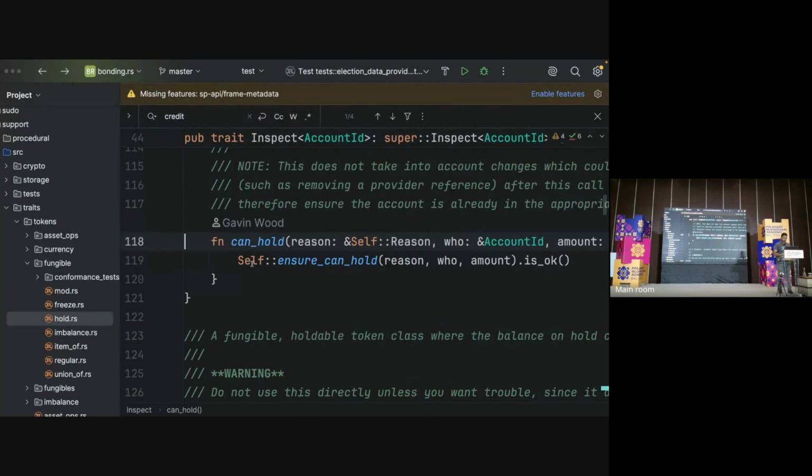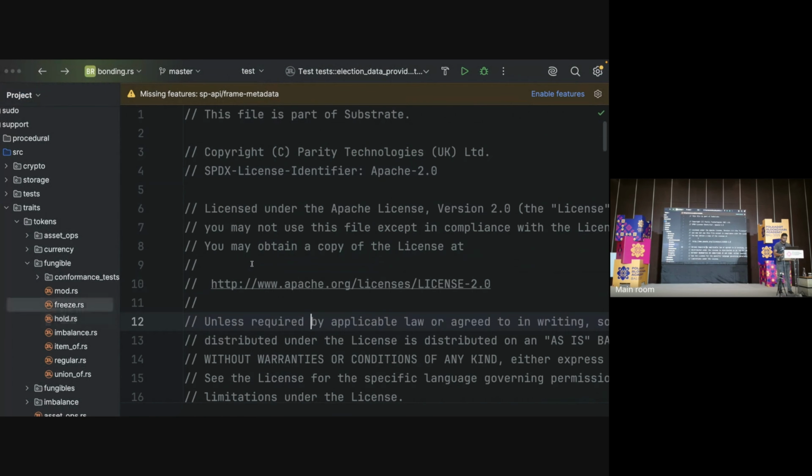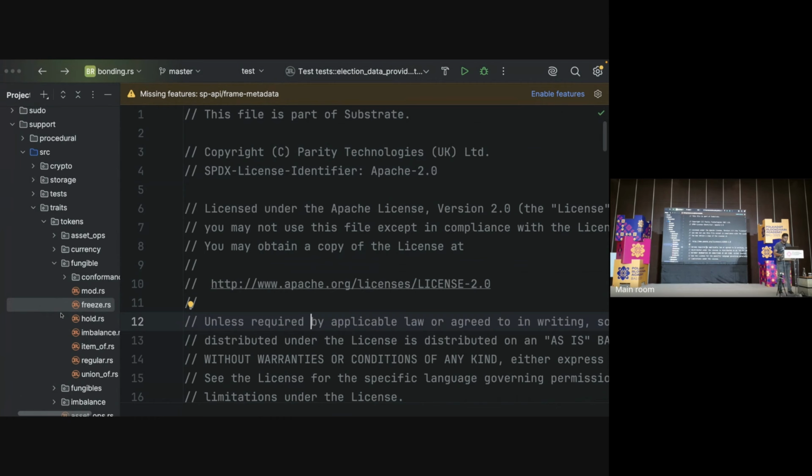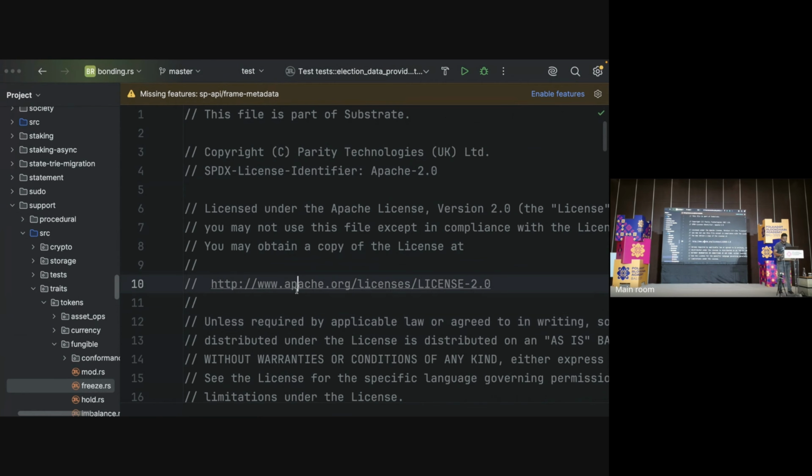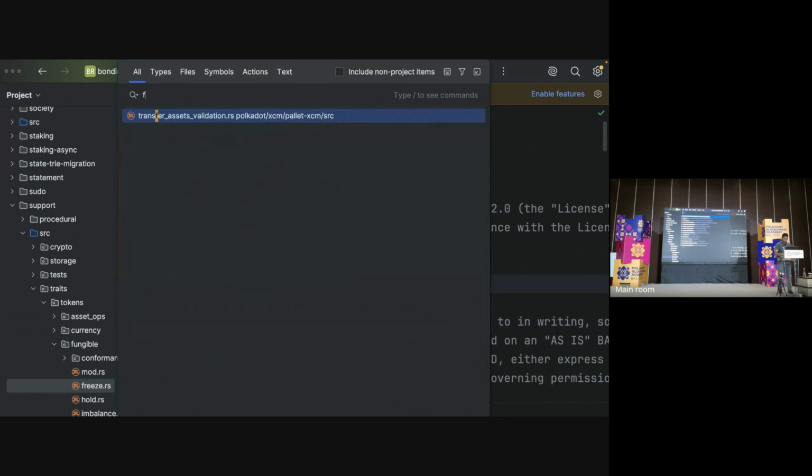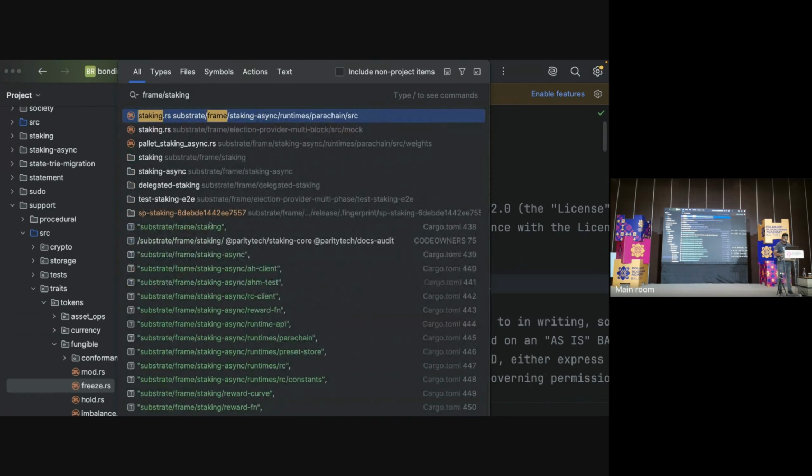Where was I? I wanted to show you the hold reason stuff. Okay, let's go to... By the way, you will see staking and staking async. Don't get confused.